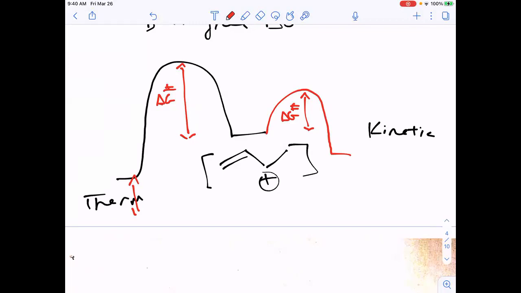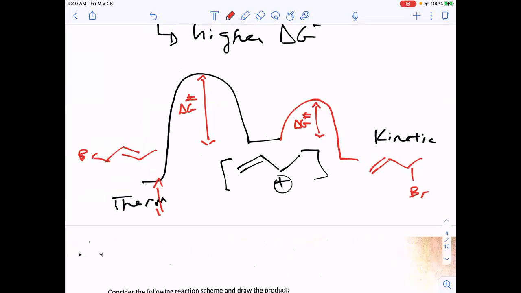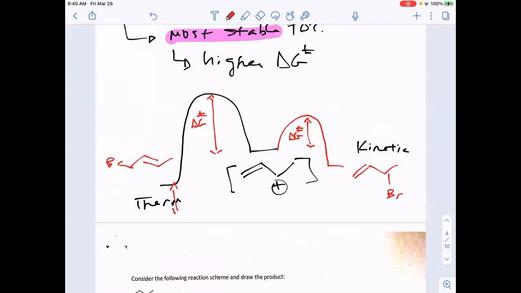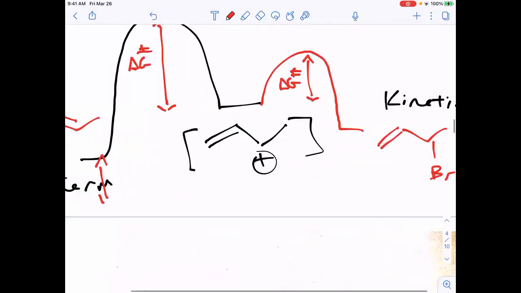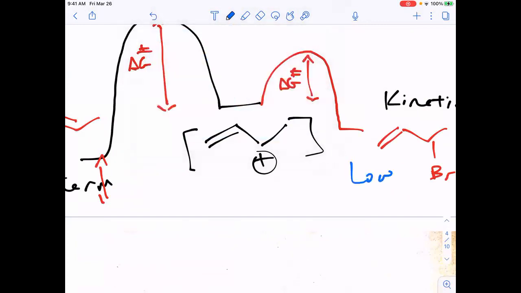Right, so this is the kinetic, and then over here would be the thermodynamic. All right, so this is low temperature, and this is higher temperature.